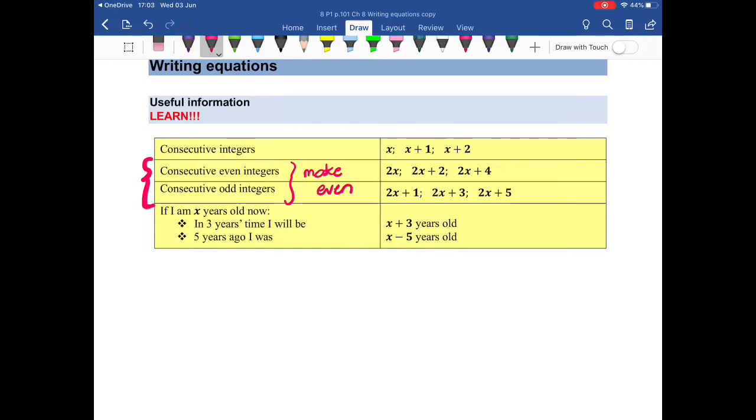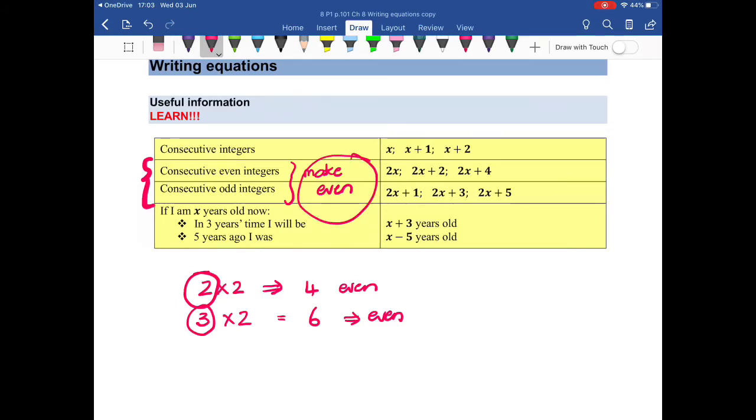And to make a number even, so if I have 2, it's already even, but if I multiply it by 2, I still have an even result. If I have the number 3, so my favorite number could have been 3, that's an odd number. So if I multiply by 2, we'll get to 6, which is an even number. So we don't know if the number is going to be odd or even, so we go and make it even, and then we apply the formula.